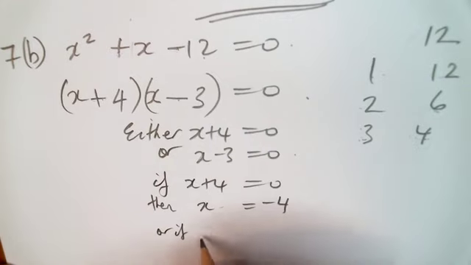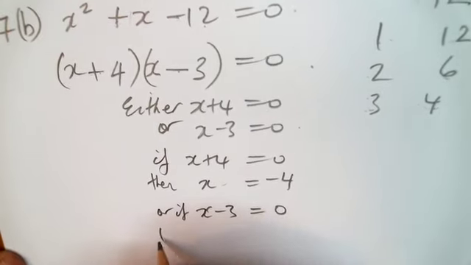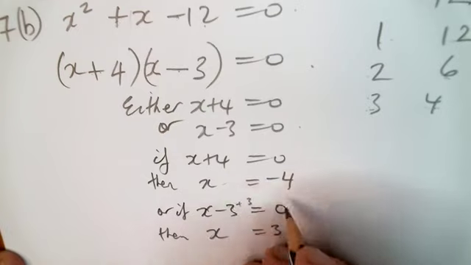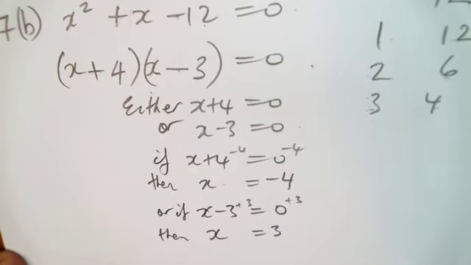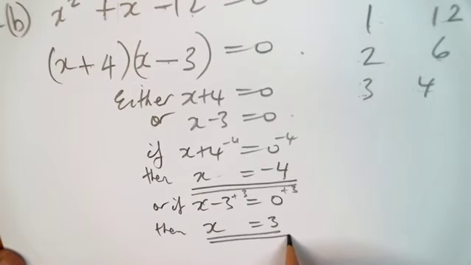Or if x minus 3 equals 0, because we can add 3 to both sides, then x must be equal to 3. Here I could subtract 4 from both sides. So I've got an x is negative 4 and an x is equal to 3.